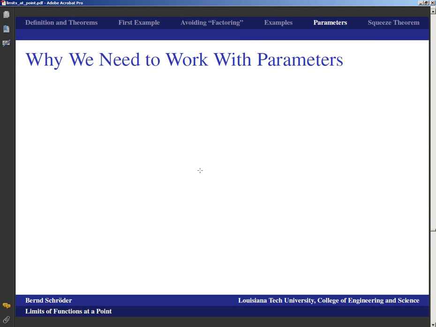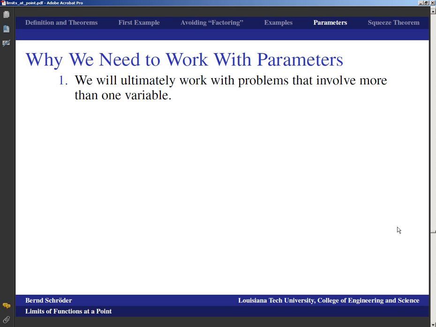Okay, now we're going to jump on the parameter bandwagon. This is the first time we're doing that, at least in the calculus part here. And anytime we do that, let me just remind you, even though this stuff is hard, and some of this stuff can be rather frustrating, and we have to keep track of even more symbols, we're working with parameters because that's ultimately where we're headed. We'll ultimately work with problems that involve more than one variable.